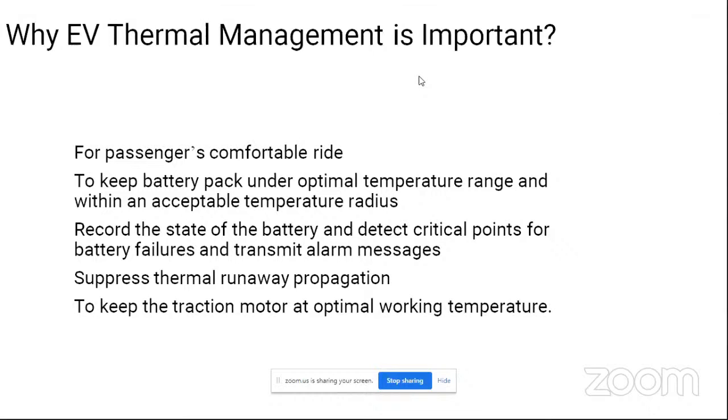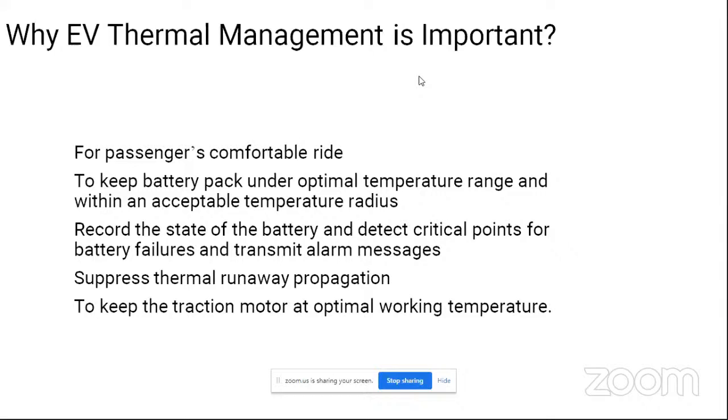If we go beyond that temperature range, whether low or high, in both conditions their efficiency and performance will get lost. So that is the reason thermal management of an electric vehicle is important.